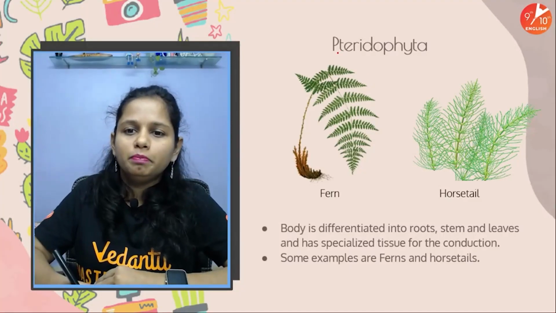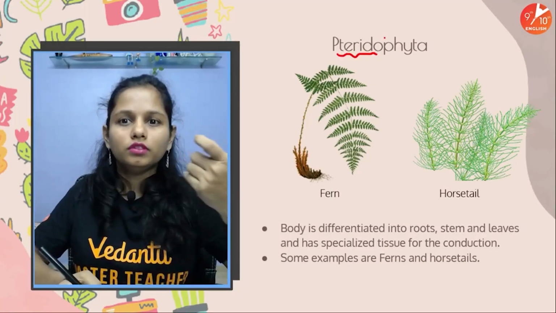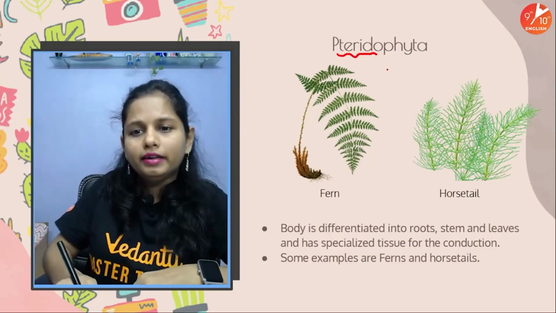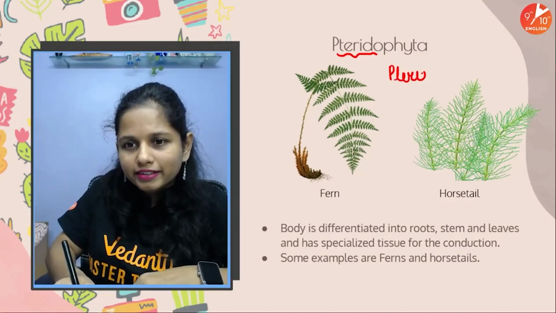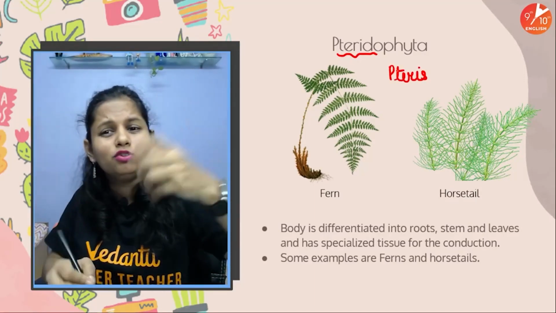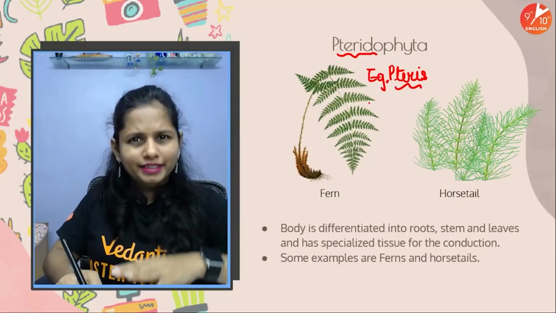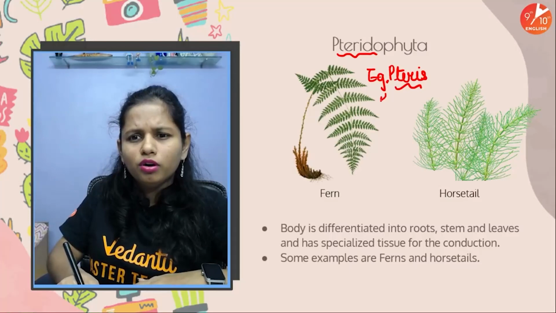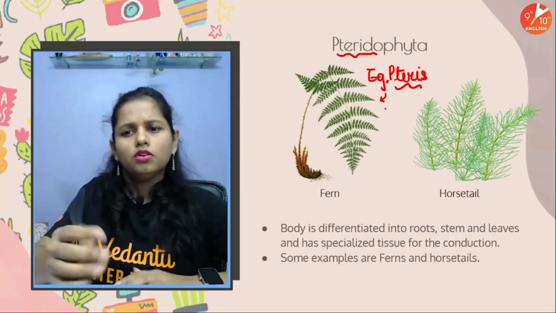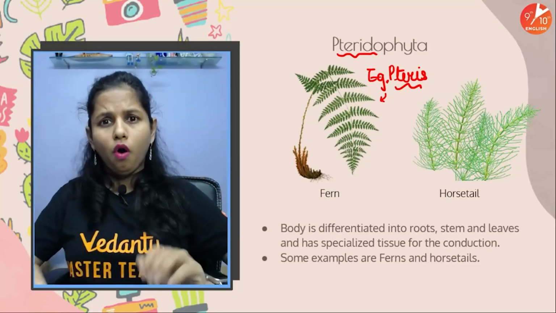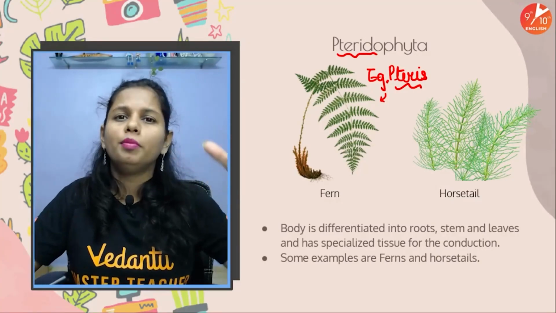The word Pteridophyta has been derived from a plant name which is called Pteris. So you may remember, Pteris belongs to Pteridophytes. It basically looks somewhat like this. Basically all the Pteridophytes are commonly called ferns.